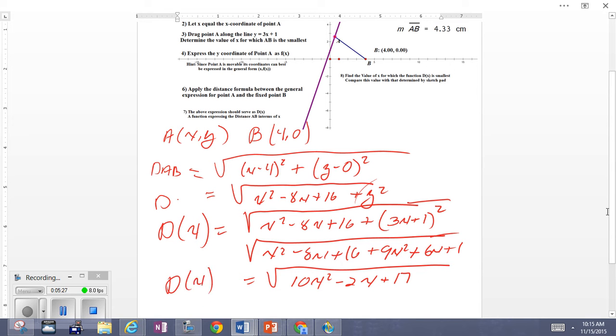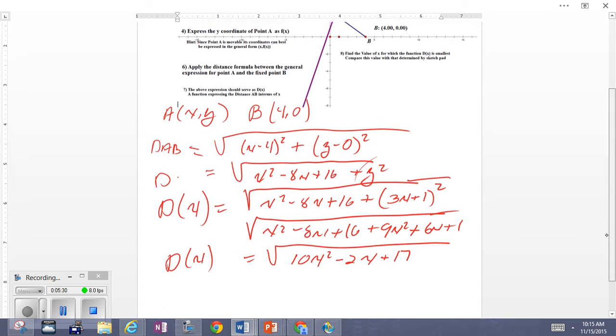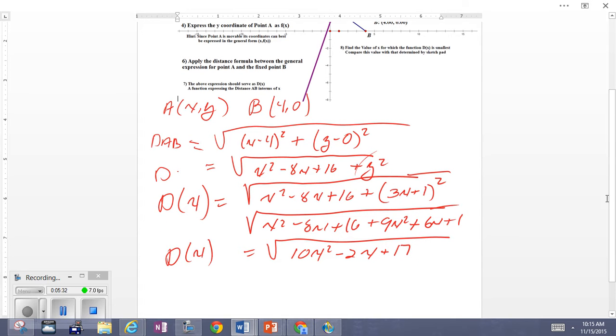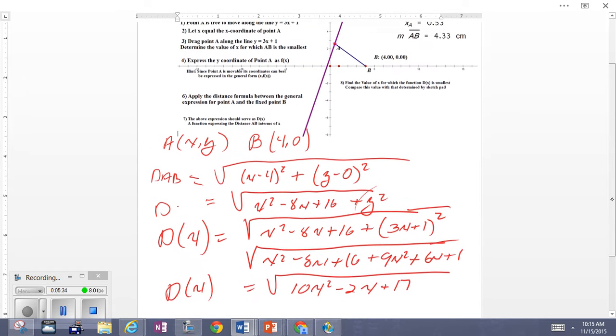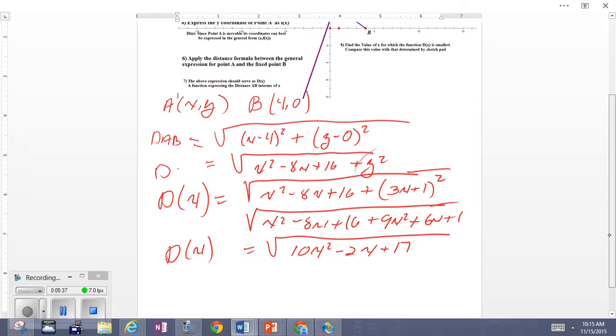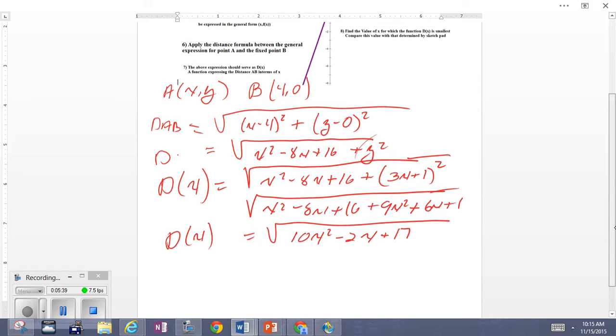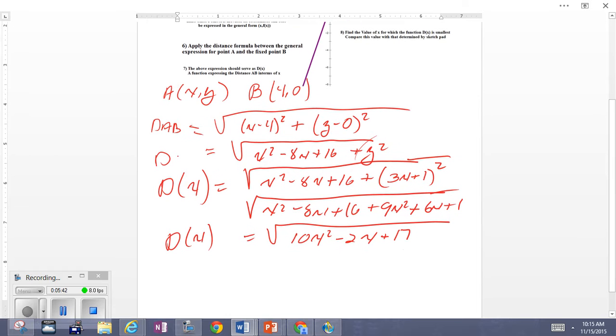What two things were we asked to find? The point A which has a minimal distance, and that minimal distance. The expression underneath the radical is quadratic, so the overall expression is quasi-quadratic, which means the x producing the minimum, and this would be a minimum because the quadratic component opens upward, is always negative b over 2a.